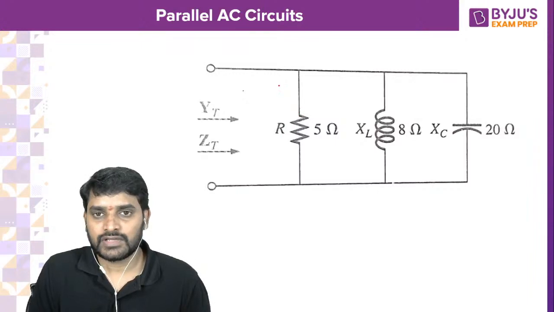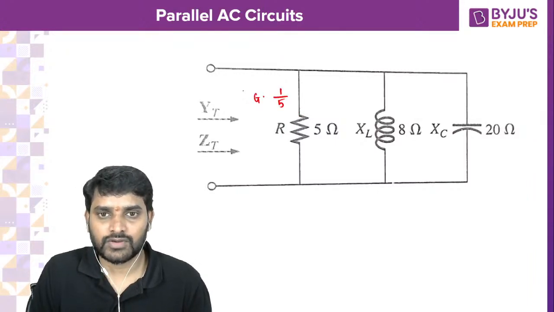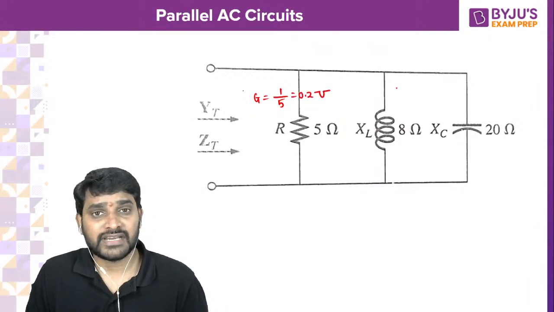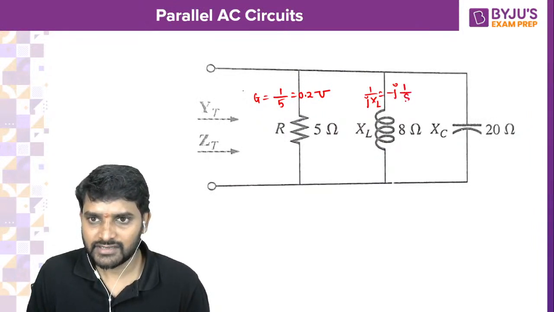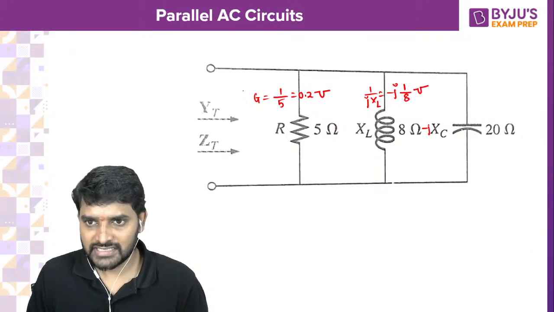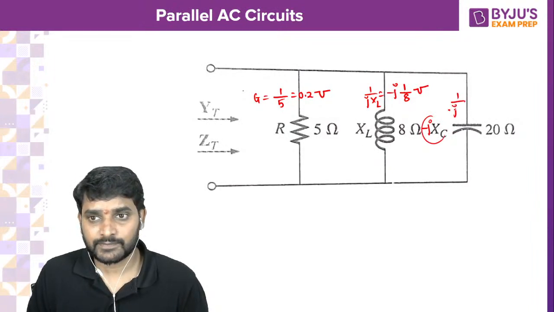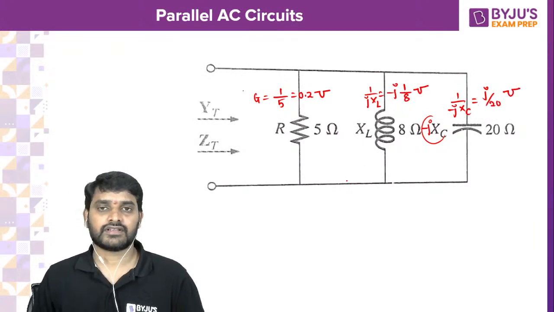I am taking now 1 by G, it will be 1 by 5, so you are going to get 0.2 mho. Here 1 by jXL, so you are going to get minus j 1 by 8 mho. Similarly here minus jXC, so 1 by minus jXC, you are going to get plus j 1 by 20 mho.